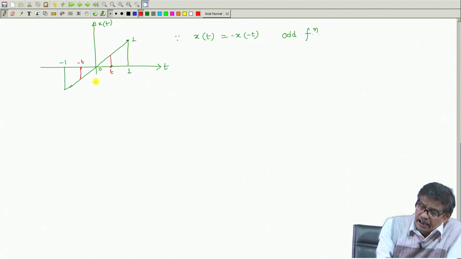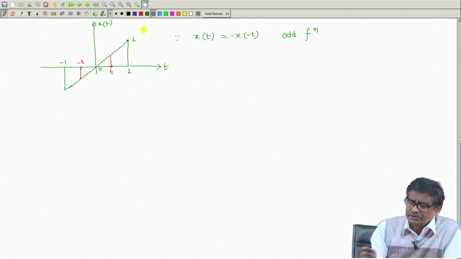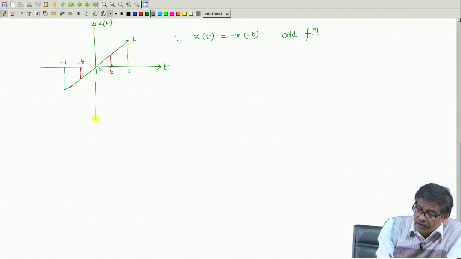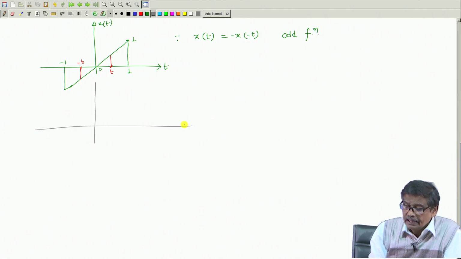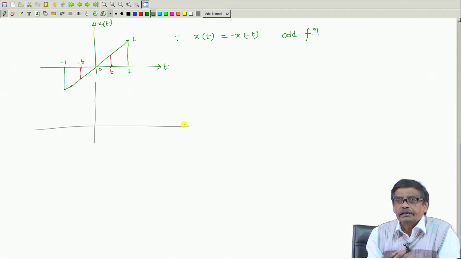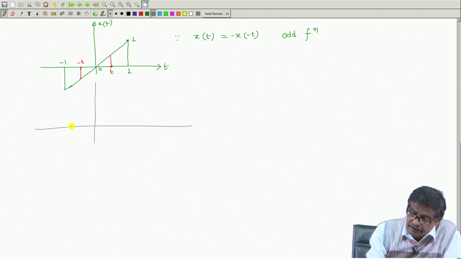Similarly, there may be an even function. So, odd functions will be there, you can sketch many of them. Now, similarly, suppose I sketch a function like this.